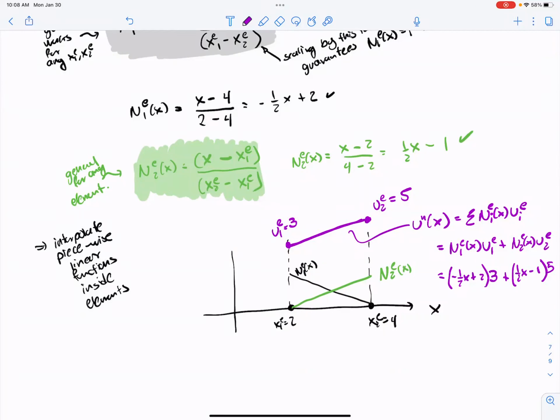And the nice thing about this is that we found a very generic way of defining those shape functions. We'll do it in code on Friday.